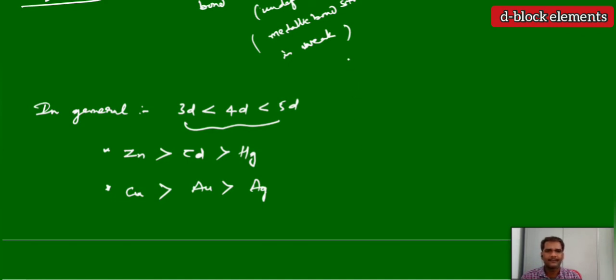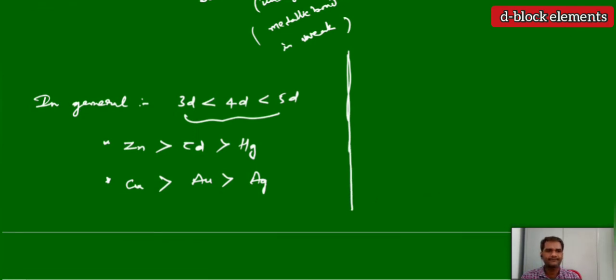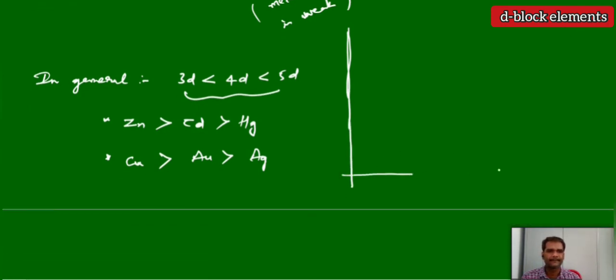And the graphical representation for this is the melting points of the elements. Again, this is atomic number against melting point. Initially, scandium has the lowest melting point.